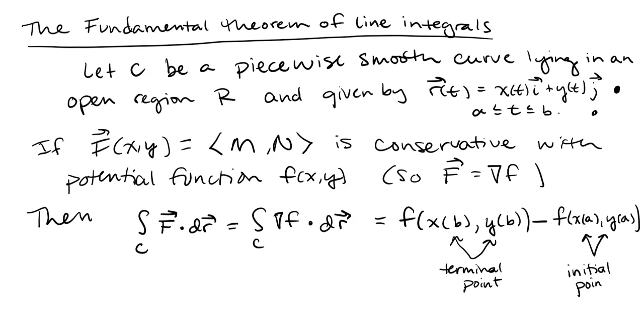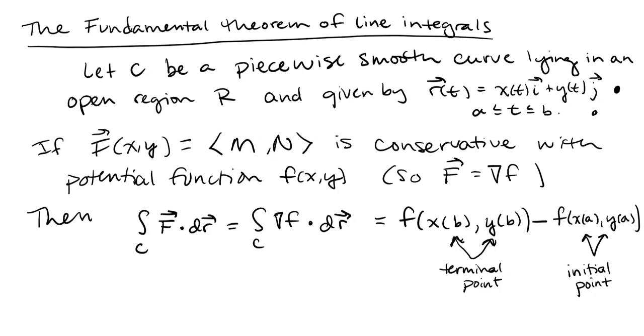One of the really interesting things is that we don't need to know what specific curve it was. It really just depends on the potential function, little f, and the initial point and terminal point of curve C.